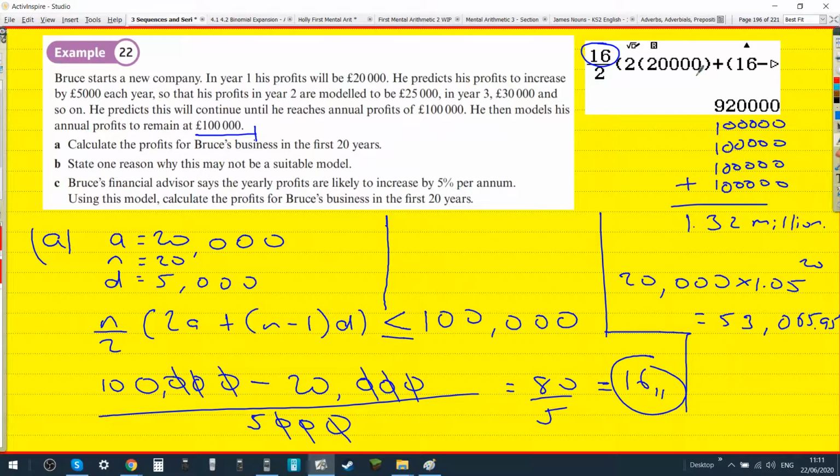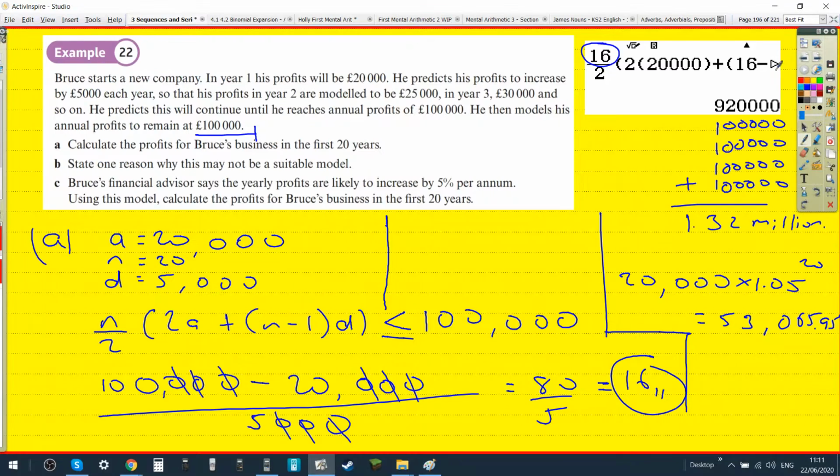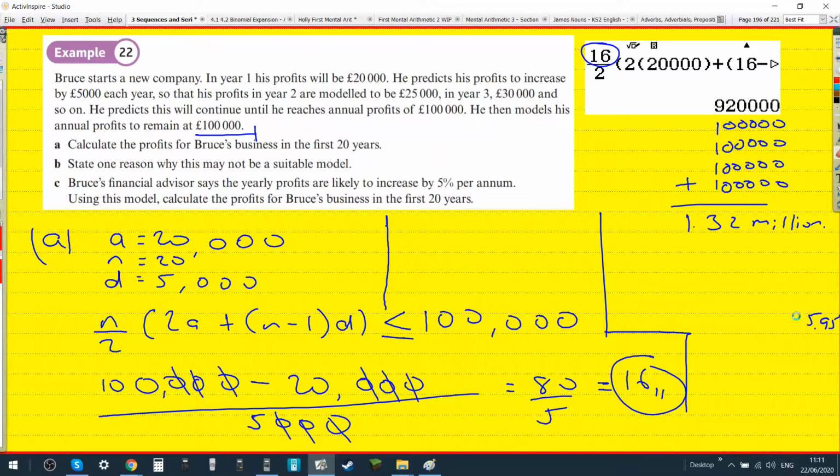And 1% is what? All right. Oh, hang on. You have to add them up. So that's just what he would get in the final year. Oh, so is that plus the 1.32 million?